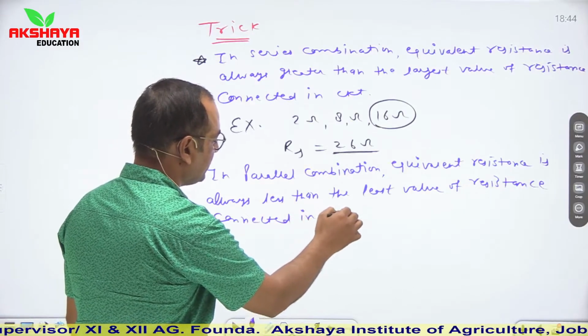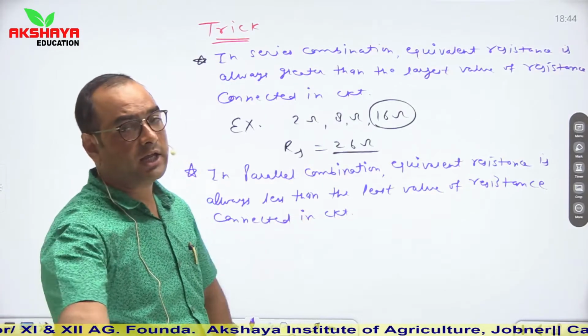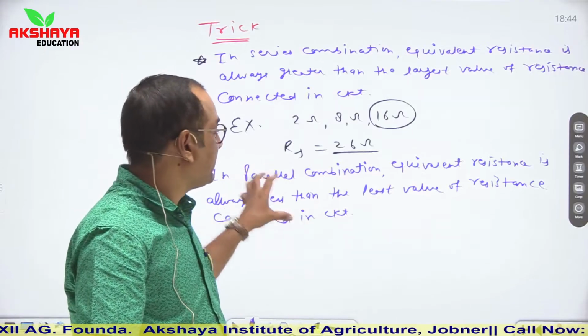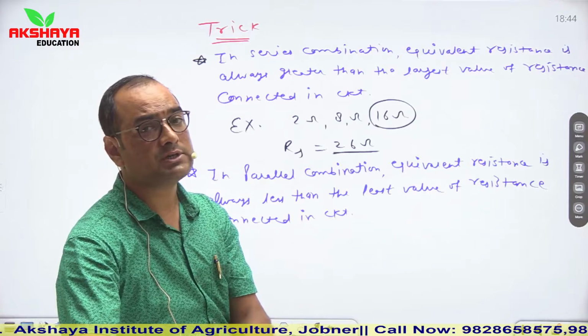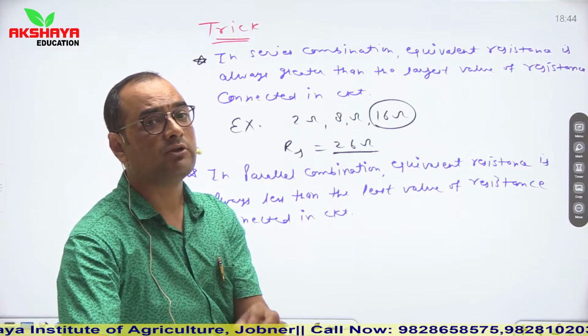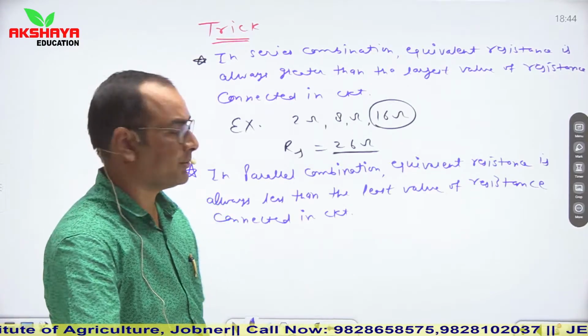So this is another trick. It means in the given options, if a parallel combination is given, then you have to pick the value which is smaller than the least value of resistance connected in parallel combination.